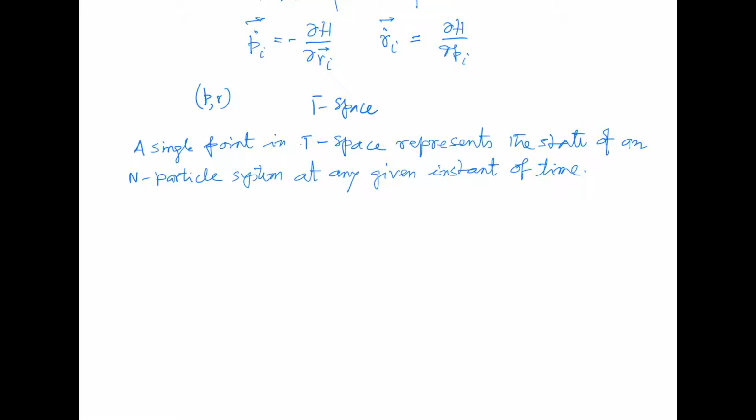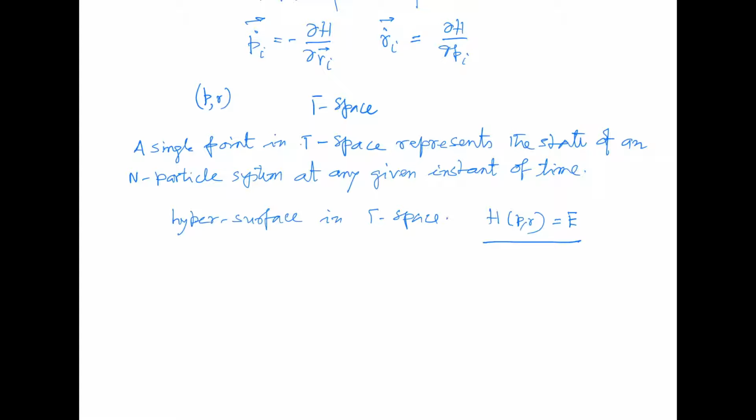As the total energy of the system is conserved, the representative point corresponding to the system will always lie on an energy surface, which is called a hypersurface in gamma space, defined by H of {p, r} equal to E, that is the constant energy surface.